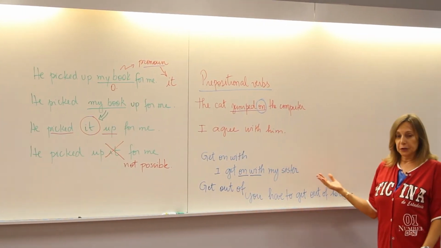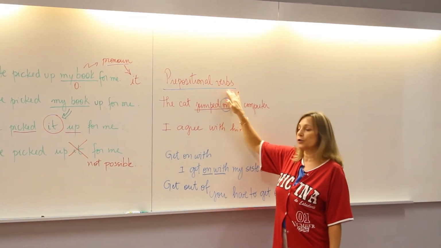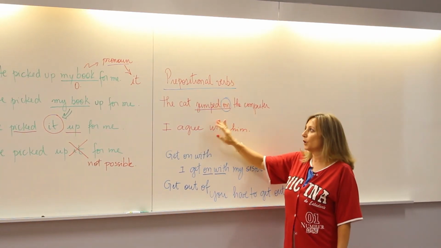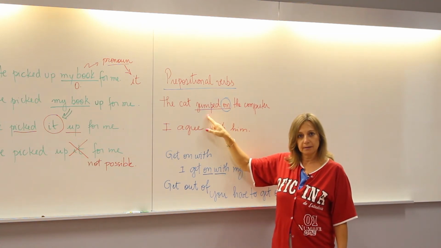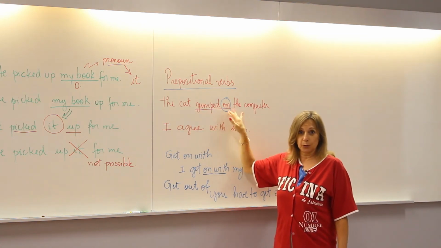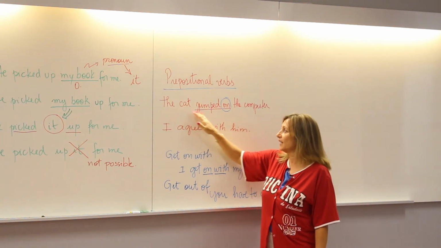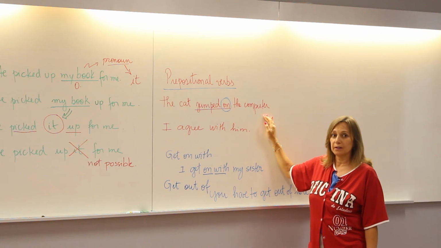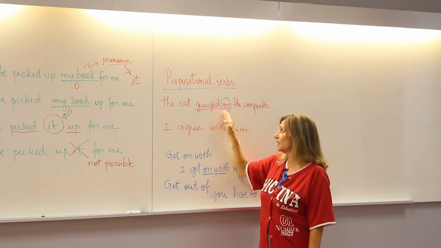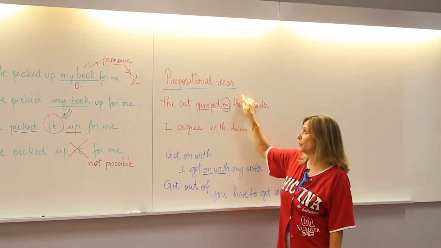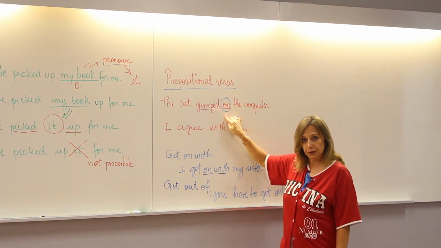The other verbs that have a preposition are called the prepositional verbs, because they need a preposition to make sense. They cannot exist without the prepositions. So, for example, the cat jumped on the computer. And in this case, I cannot break this and put the computer in the middle of these two words.